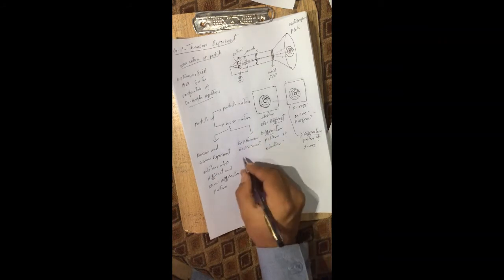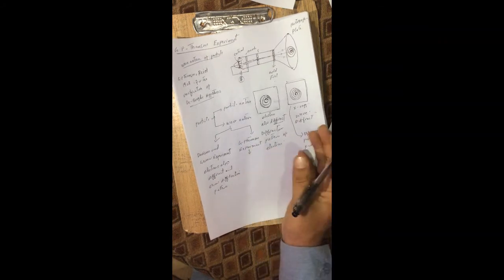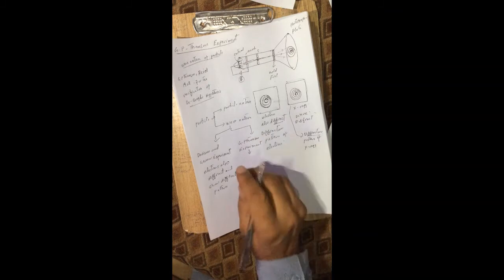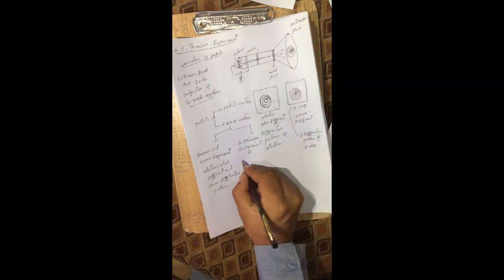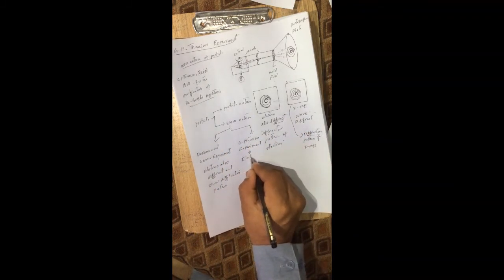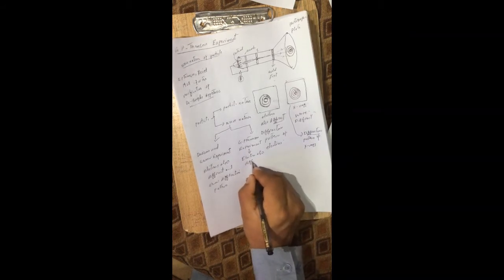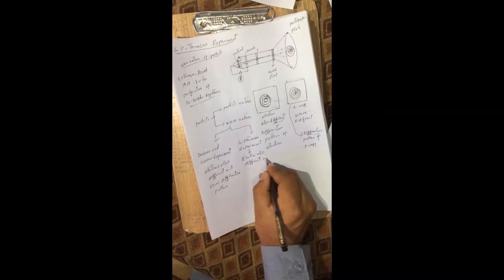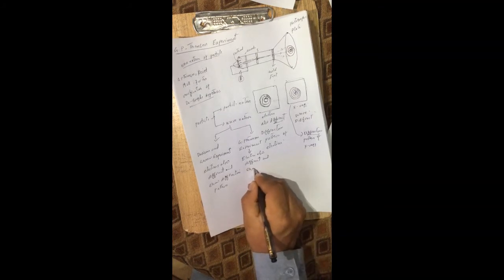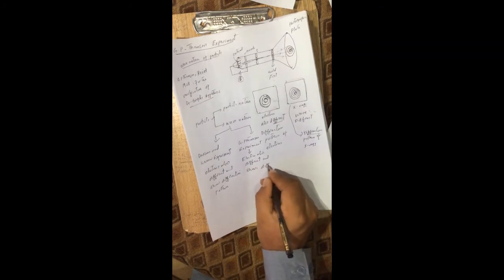In this experiment, they compared the diffraction of X-rays with the diffraction of electrons, and from that comparison, they proved that electrons also diffract and show a diffraction pattern.